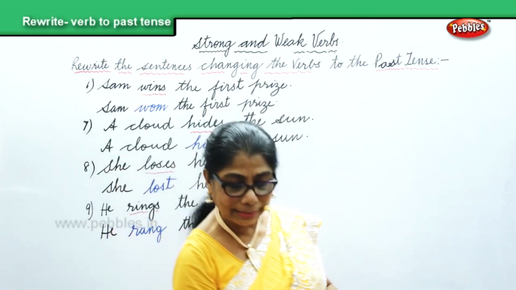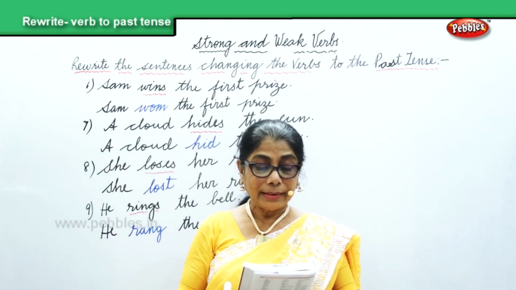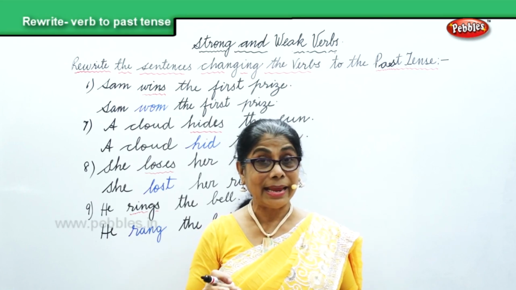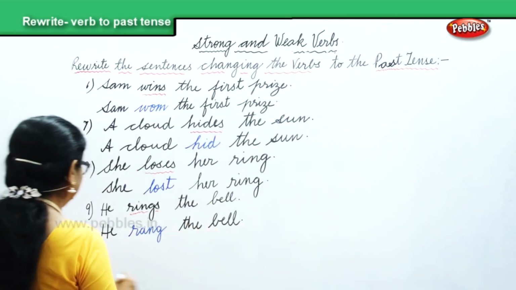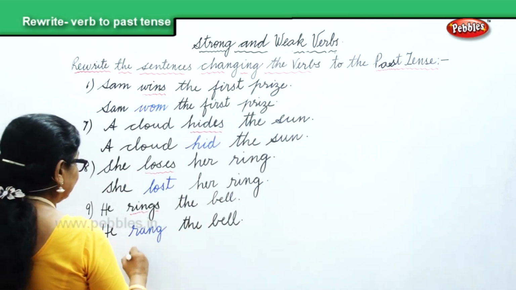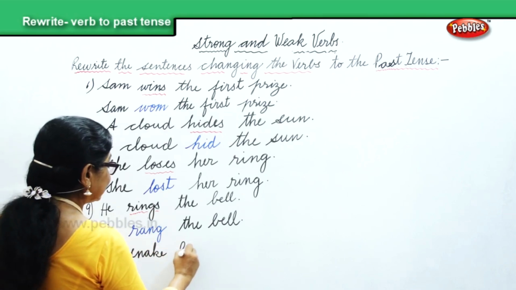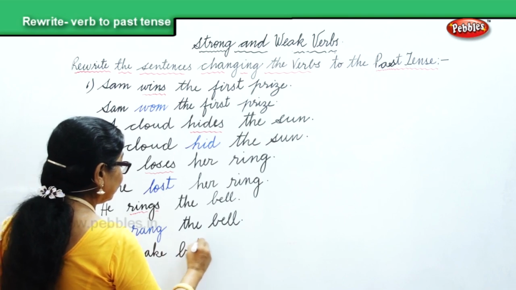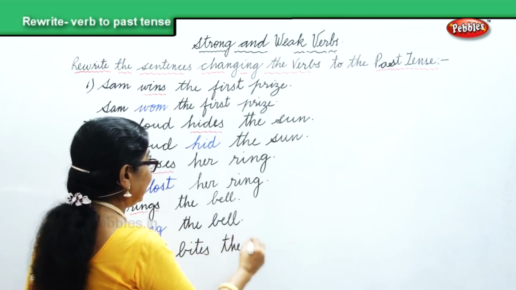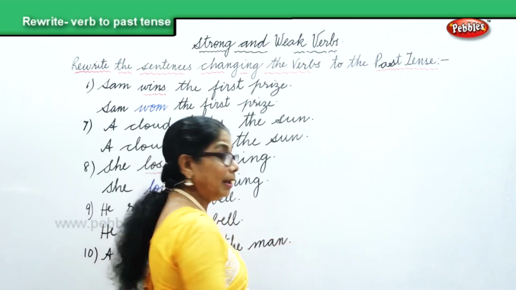We'll do one more sentence, and that is, a snake bites the man. Present tense. A snake bites the man. And the verb, identify it: bites.